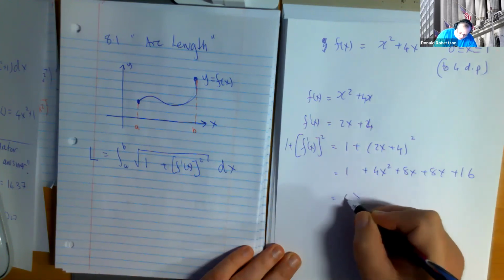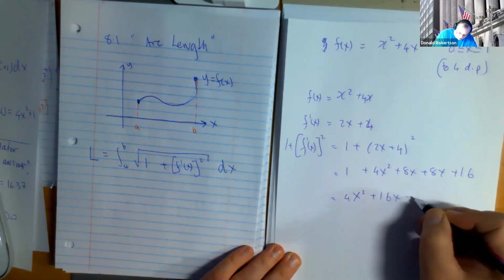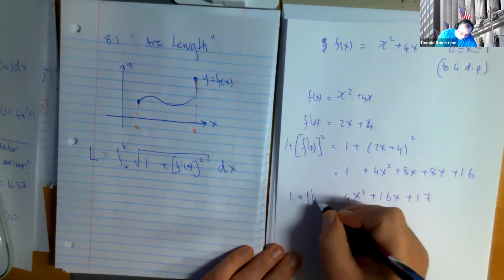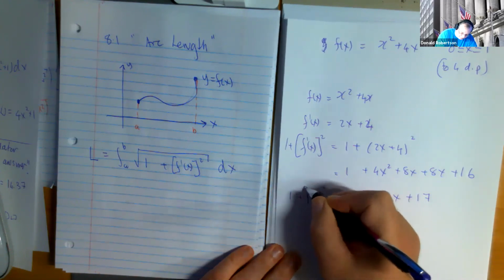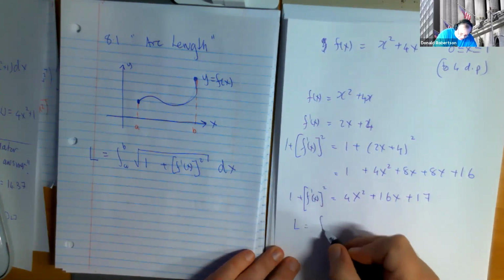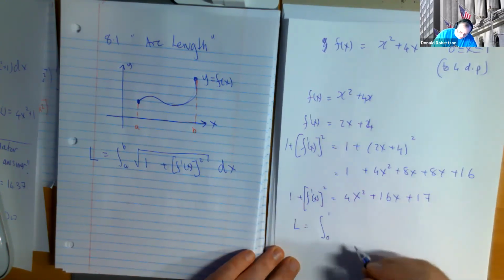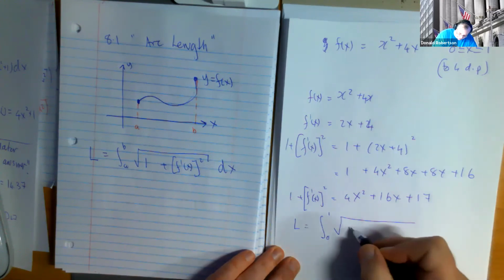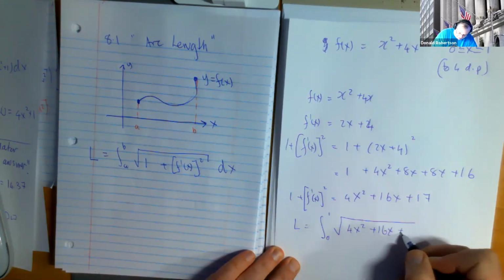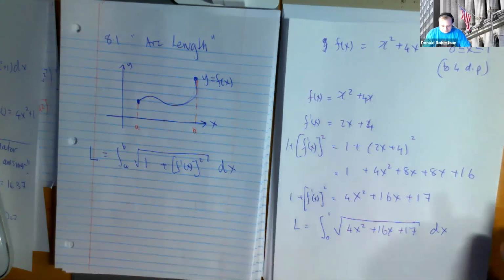So that's 4x squared, 16x plus 17. Which means that I can get the arc length now. It's the integral from a to b, 0 to 1, of the square root of 4x squared plus 16x plus 17 dx.